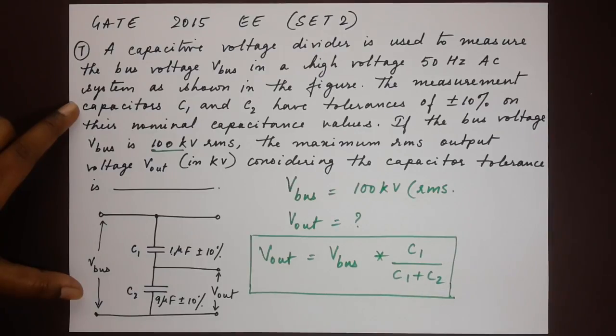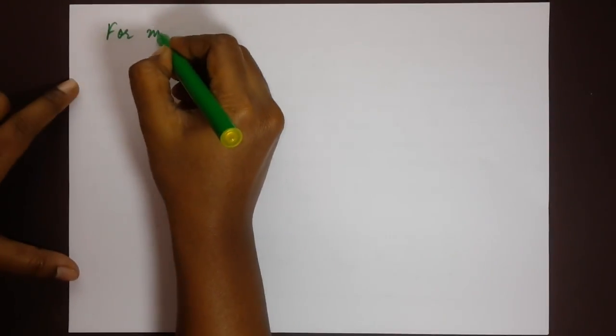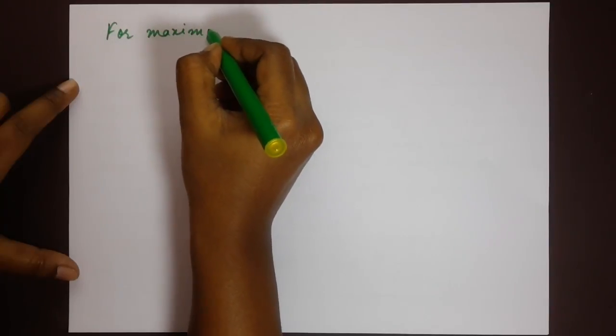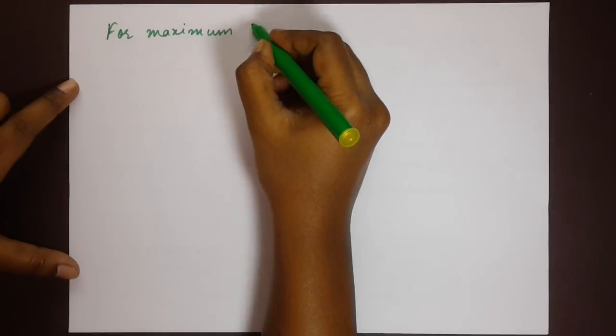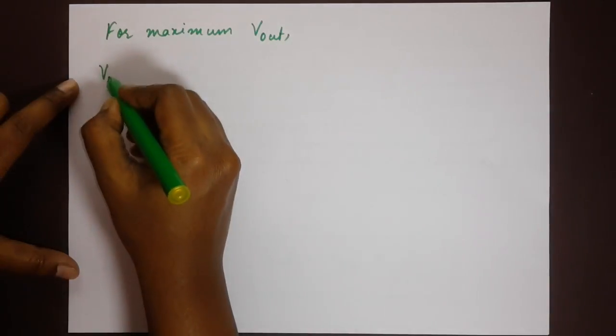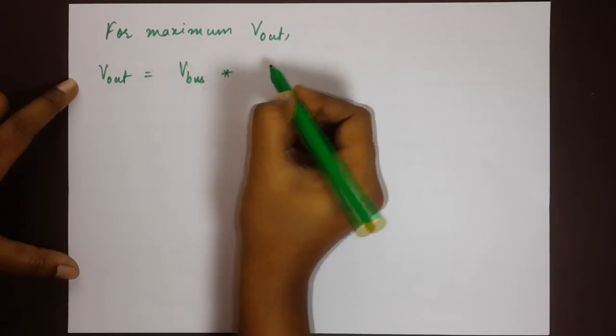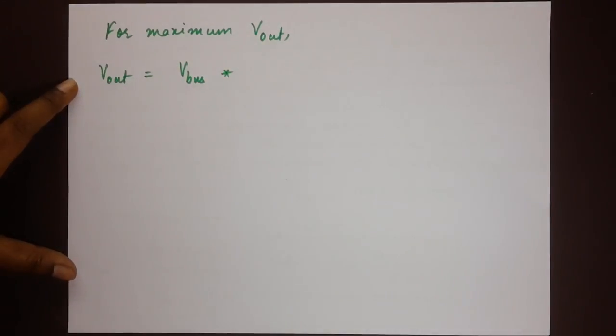Now let's substitute the values into this equation. So now let's write down for maximum voltage output, we have Vout equal to Vbus times C1.